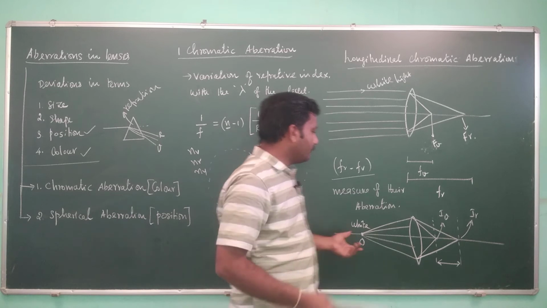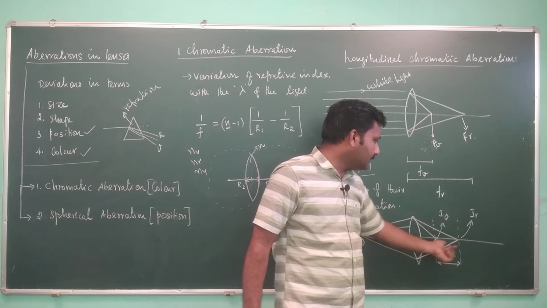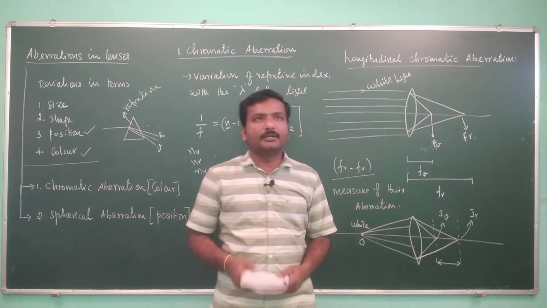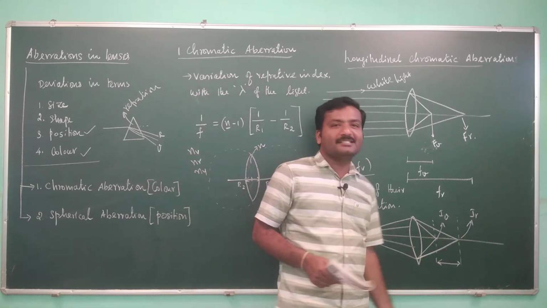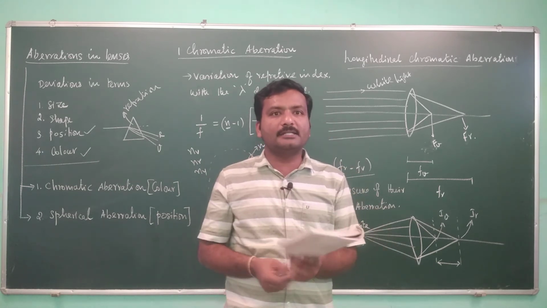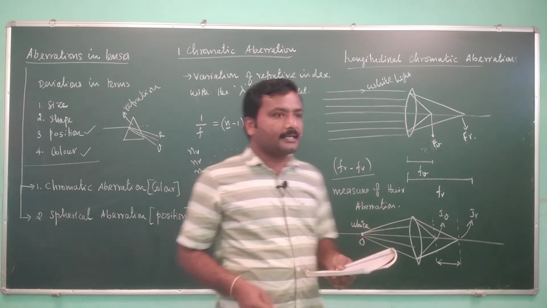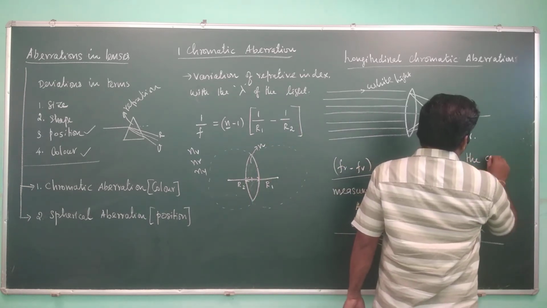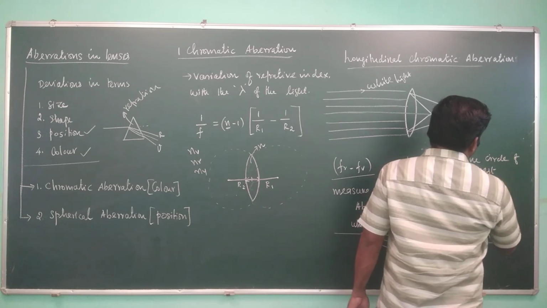This white point source will have a point image of violet color here and red color here, and if you move the screen from violet to red, you can observe a minimally colored image at some point. A least colored, round shaped image at some point between Iv and Ir, and that is known as the circle of least confusion.